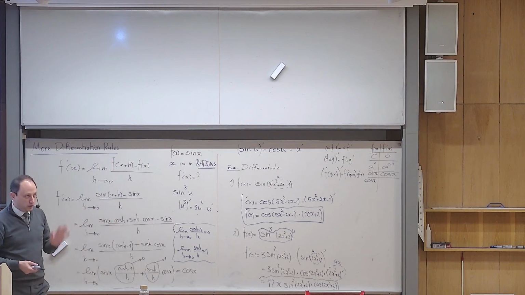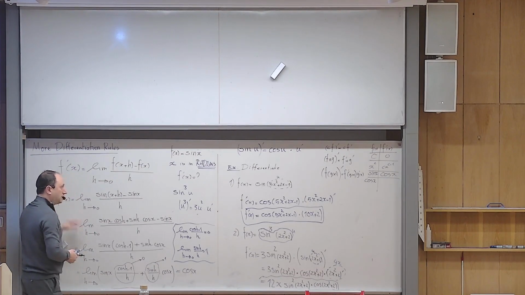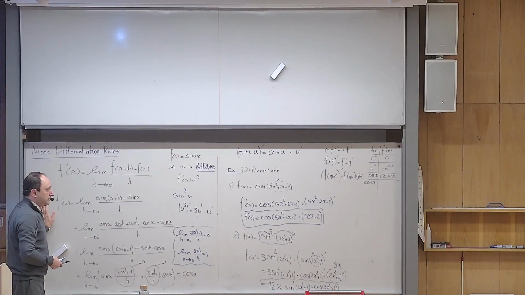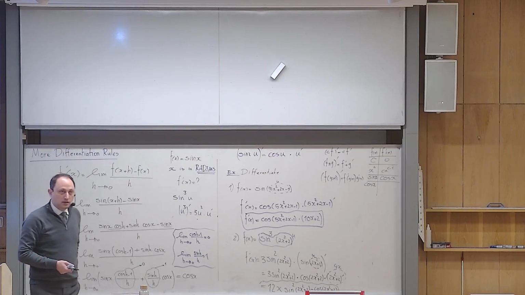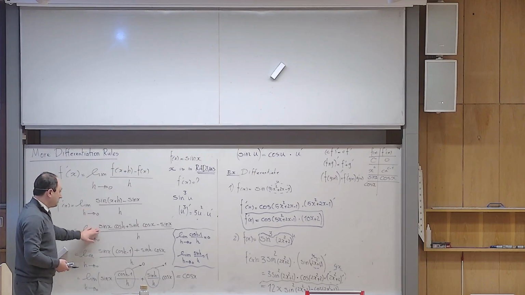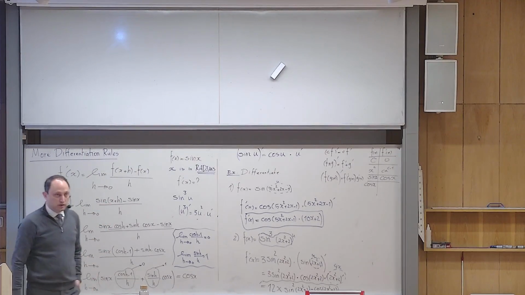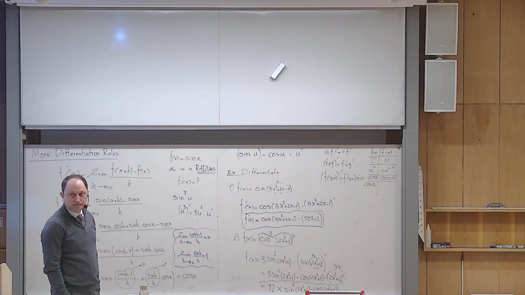This definitely will work, but I want to change my strategy, not because this is wrong, it is correct, but let us make it a little bit simpler. Okay, so can you tell me what I'm going to do now? So one way of calculating the derivative of cosine, as I mentioned, is following the same path. But another way is to do it a little bit differently. Can you say how?